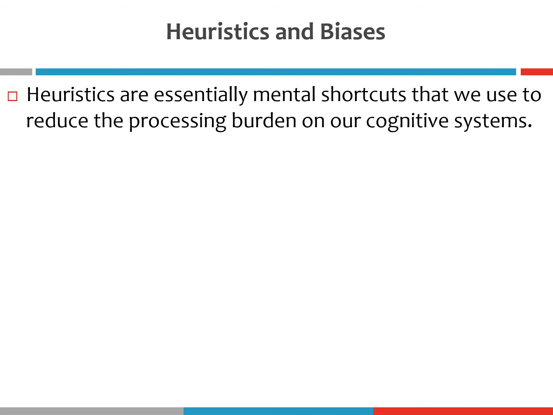So essentially, heuristics are mental shortcuts that we all use to reduce the processing burden on our cognitive systems. Right? So if you think about it, we are constantly bombarded in our lives with information from all sorts of different sources in our environment. So we're constantly being assaulted by various stimuli, right?